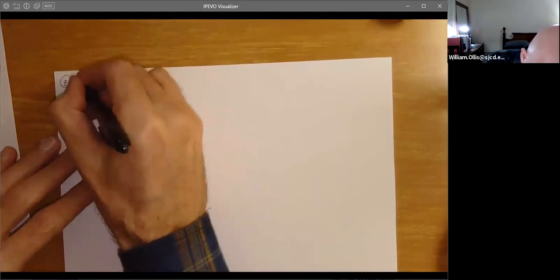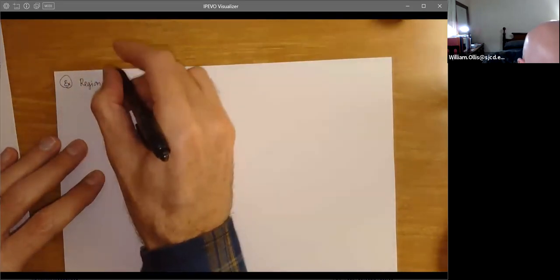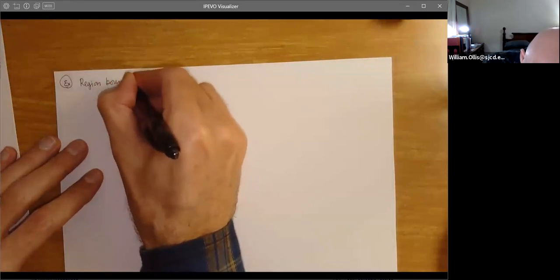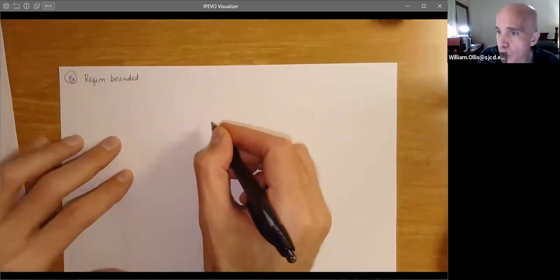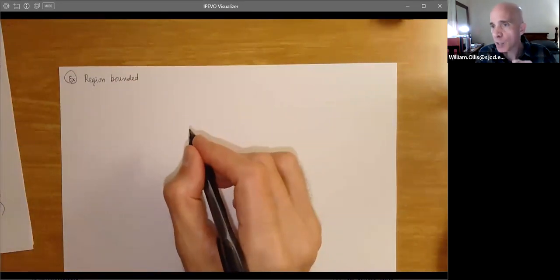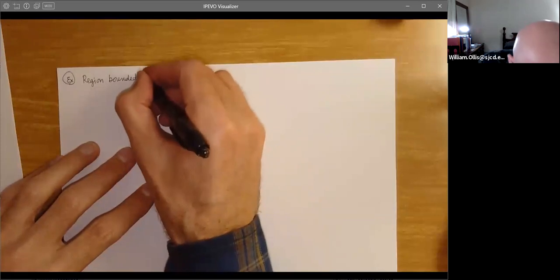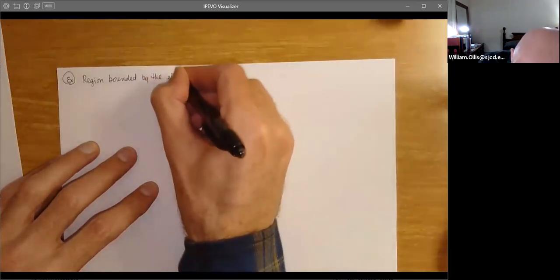So we have a region bounded by the ellipse. But we're only going to worry about rotating half of it, because we're just going to take half of the ellipse, the region, and move it. We don't have to do the whole. But for right now, we have a region bounded by the ellipse.